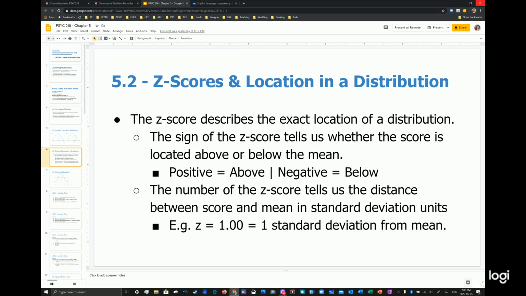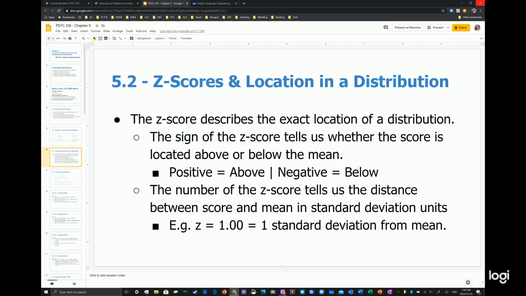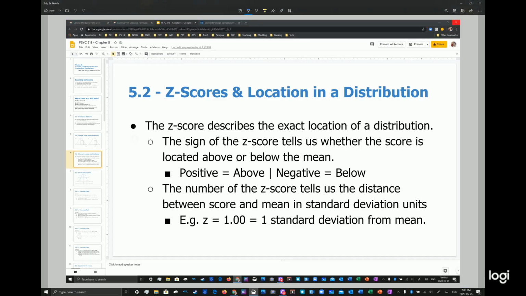Again, the z-score describes the exact location in a distribution, as we have talked about in the previous slide and also the next slide. The sign tells us whether the value is above or below the mean. And the number of the z-score always tells us this, and this is kind of the definition of a z-score: it's the distance between the score and the mean in standard deviations.